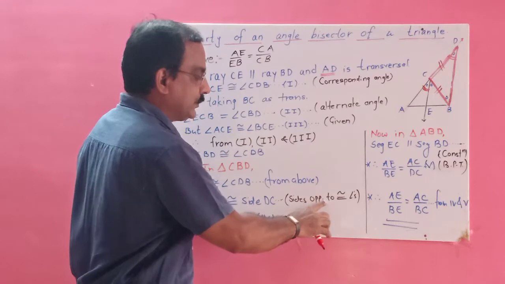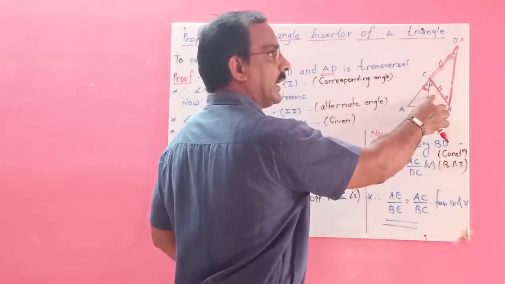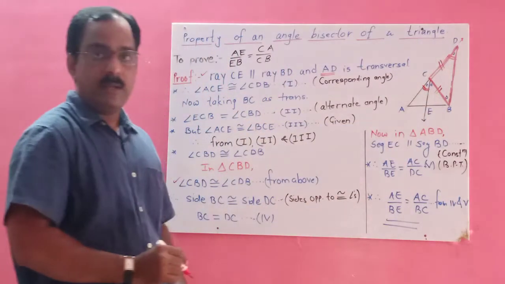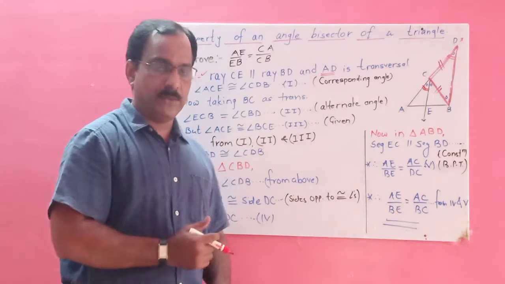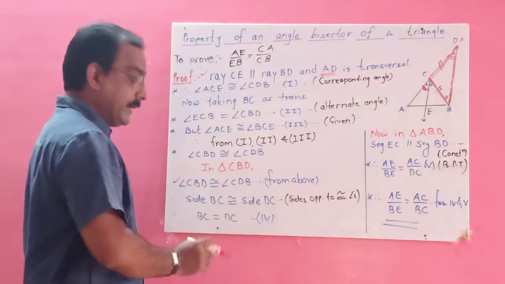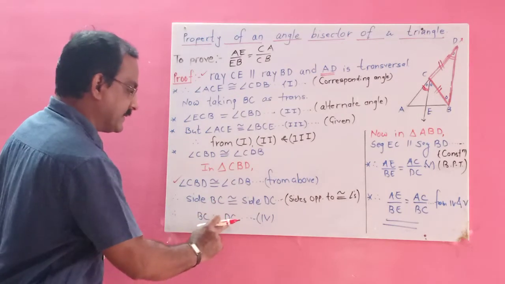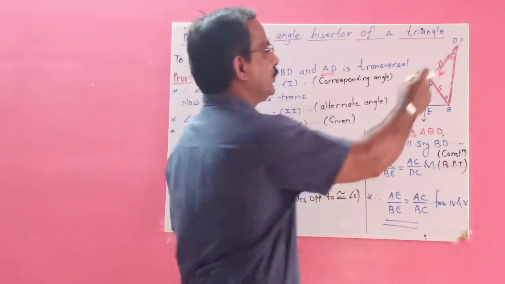Sides opposite to congruent angles. Or you can write here isosceles triangle theorem. Any one reason you should write. Okay? So BC is equal to DC. Just put point number 4. So these two sides are equal.